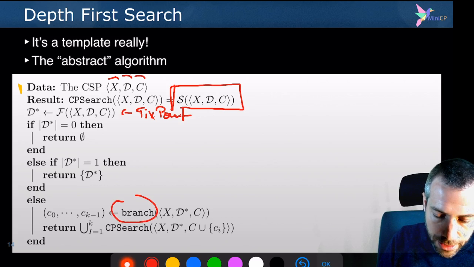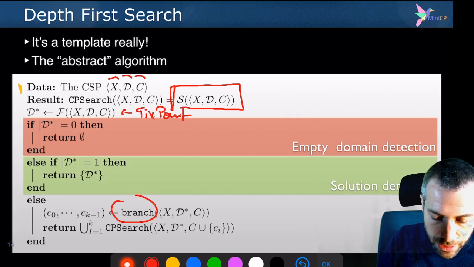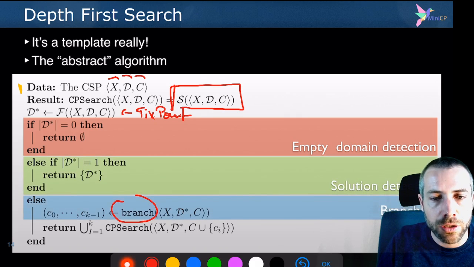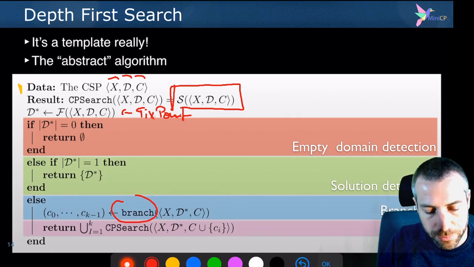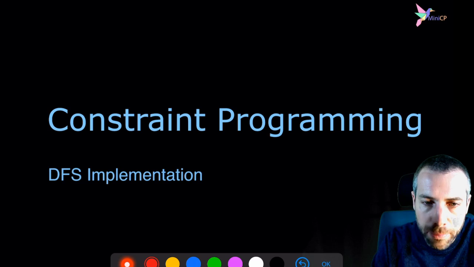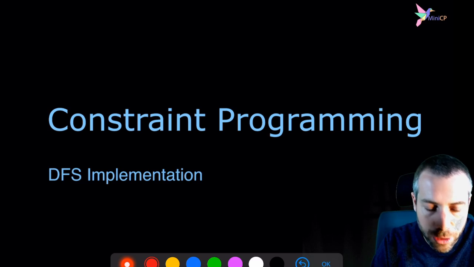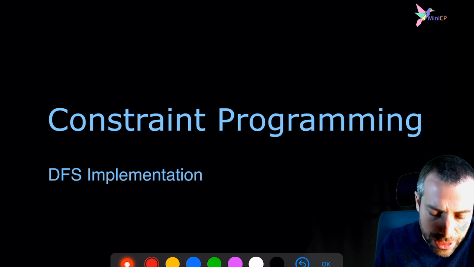So this is the empty domain detection, this is the solution detection, this is the branching, and this is the recursive call. In the next video, we will show how to implement this branching recursion procedure for specific subproblems.